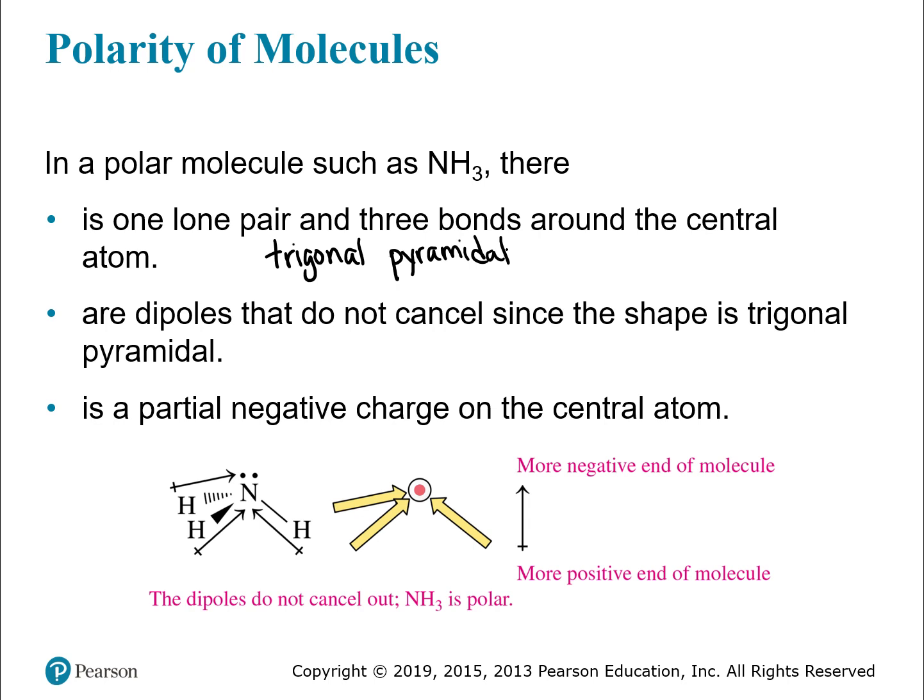Those dipoles do not cancel out. They all converge on the nitrogen, if we're using ammonia as an example. And then we've got all that positive charge for the hydrogens. So these don't cancel out, and you have a polar molecule.